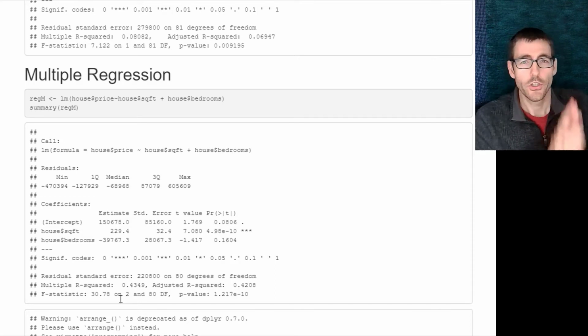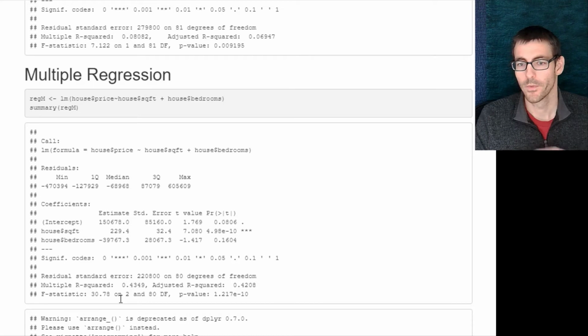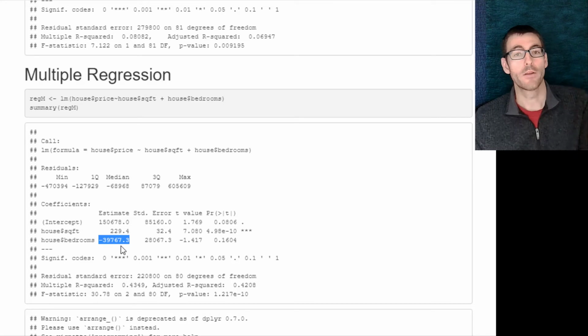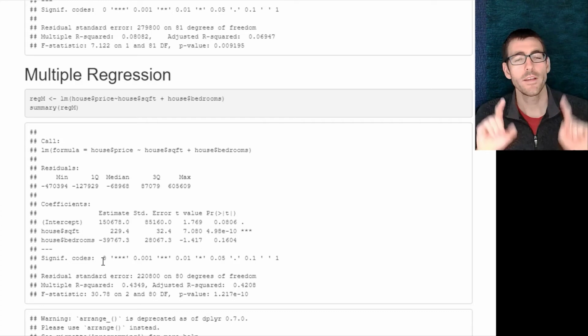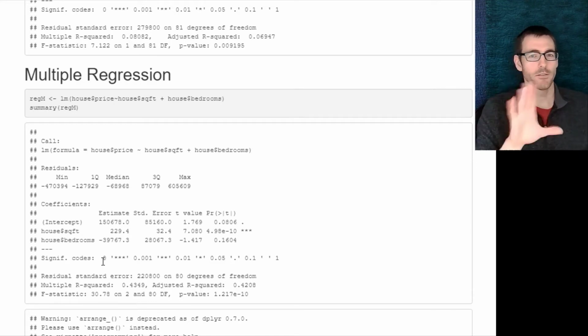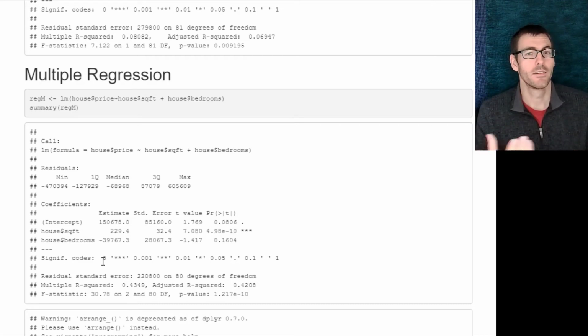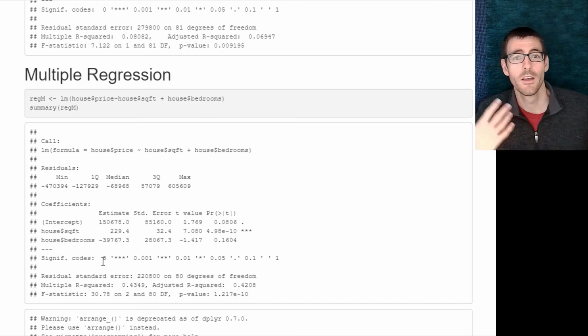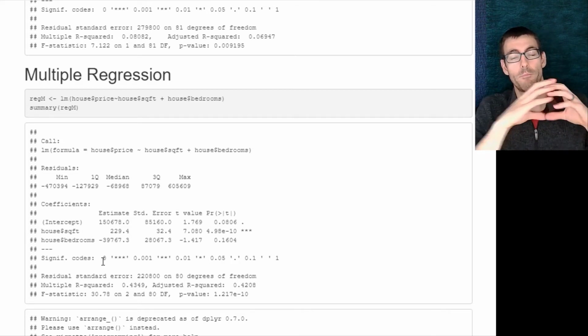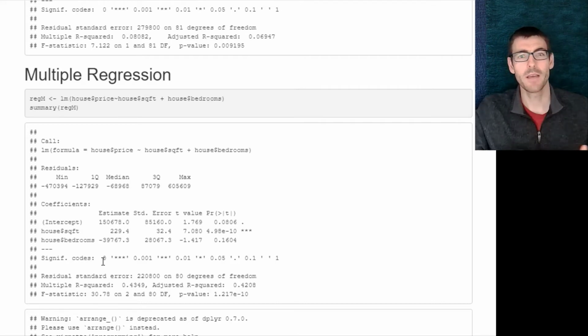One thing that should look a little bit surprising here. The coefficient in front of the bedrooms term is negative, which means that according to this multiple regression model, having more bedrooms means the price should actually be lower, which should seem surprising because we had previously, just a minute ago, said that if we're doing a single regression between bedrooms and price, there is a positive association.